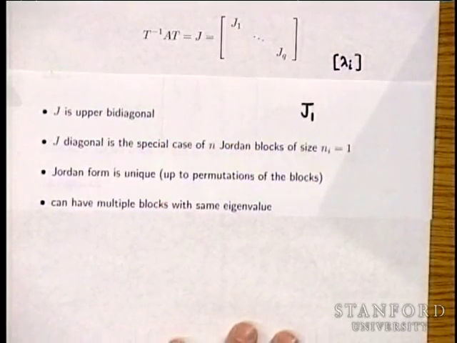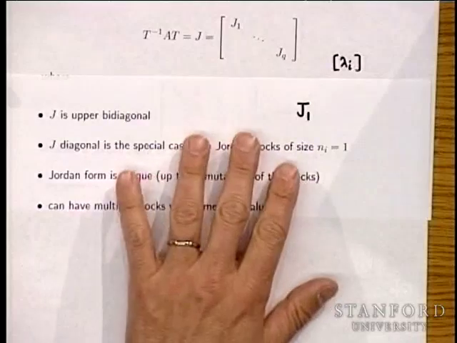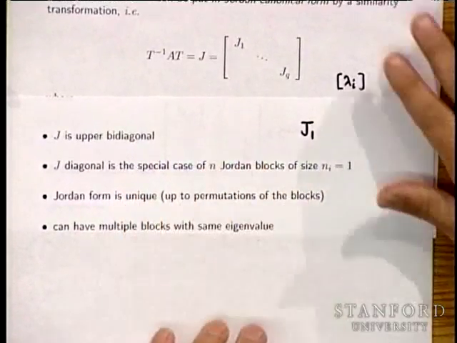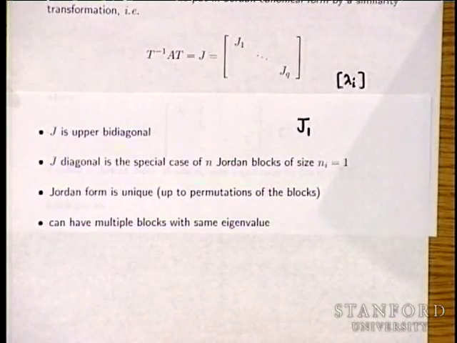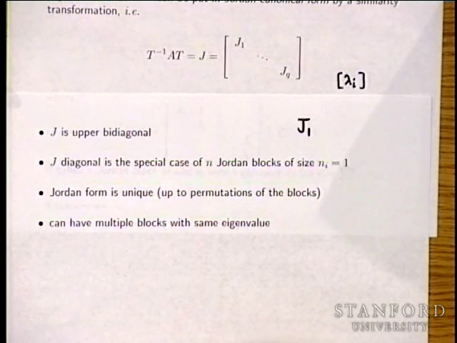Okay. Now, I should also mention Jordan canonical form is an interesting thing. It is almost strictly a conceptual tool. It's used to show things, to illuminate ideas and things like that. It is actually not used in almost any numerical computations.